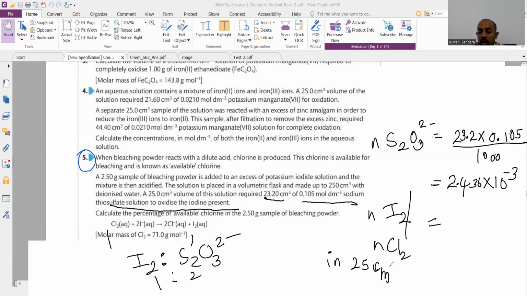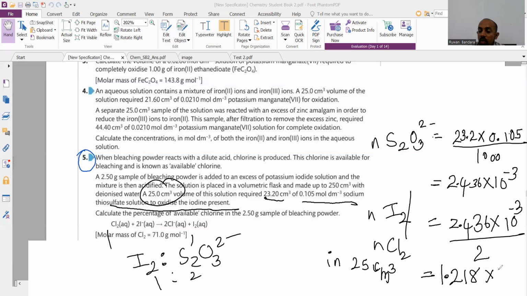Always you people keep on forgetting to include this dilution factor 25, right? 2.436 into 10 to the power of minus 3 divided by 2 is 1.218 into 10 to the power of minus 3.